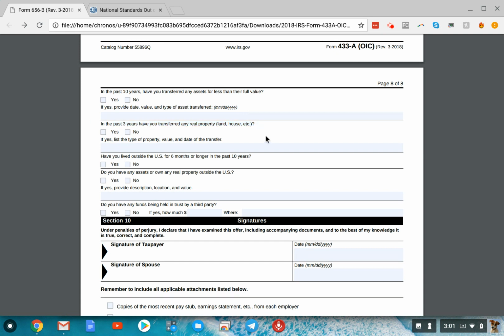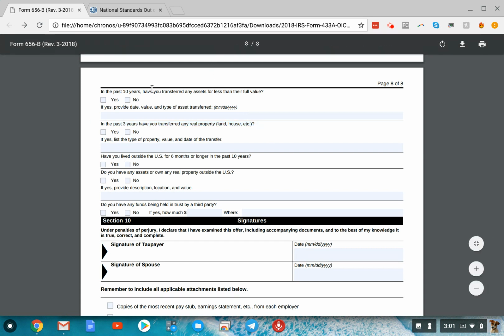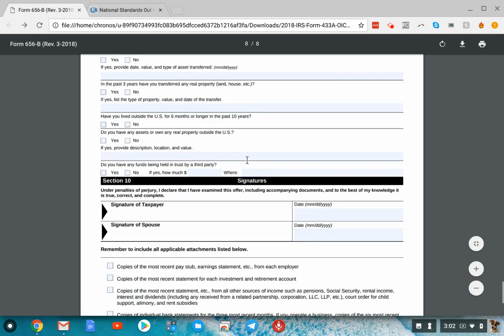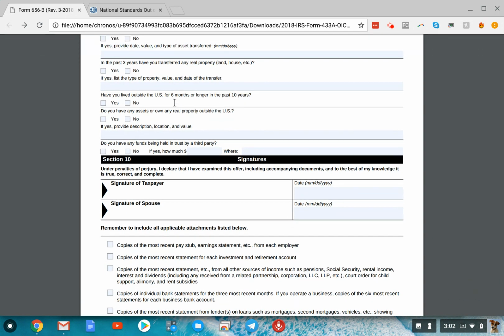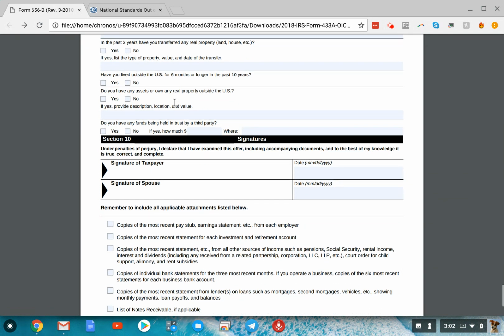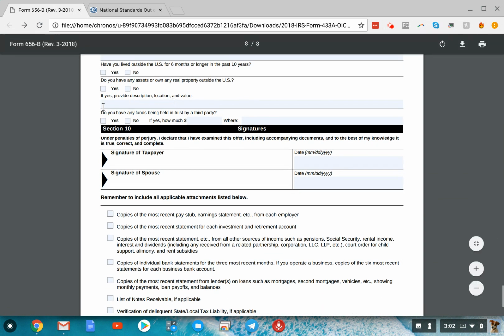They want to look for that same type of issue. Here too, they want to know if you've transferred real property for less than the value, but they want to look at all real property because they're going to think, oh, maybe someone's doing a scheme, something like that. Have you lived outside the U.S. for 6 months or longer in the past 10 years? They want to know what you own outside of the U.S. Any funds held by a third party.